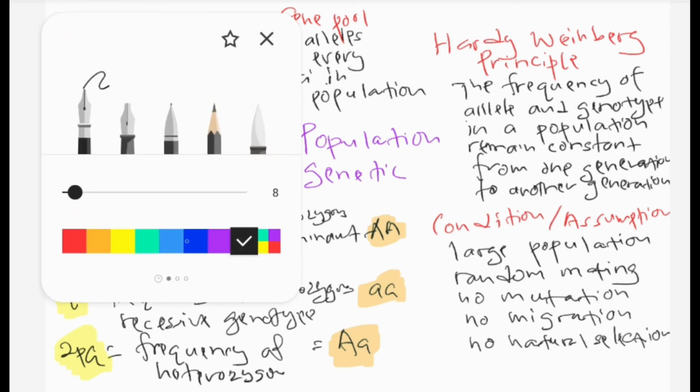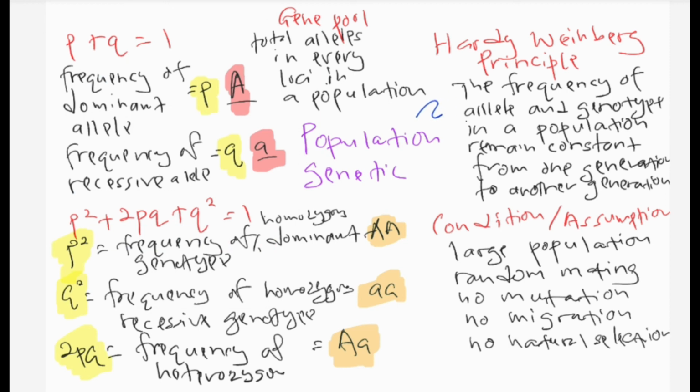So I repeat the whole thing again. The first one, you have to know Hardy-Weinberg's principle: the frequency of allele and genotype in a population remain constant from one generation to another generation. In order for it to be applied, the population must be large, with random mating, no mutation, no migration, and no natural selection. There are two equations.